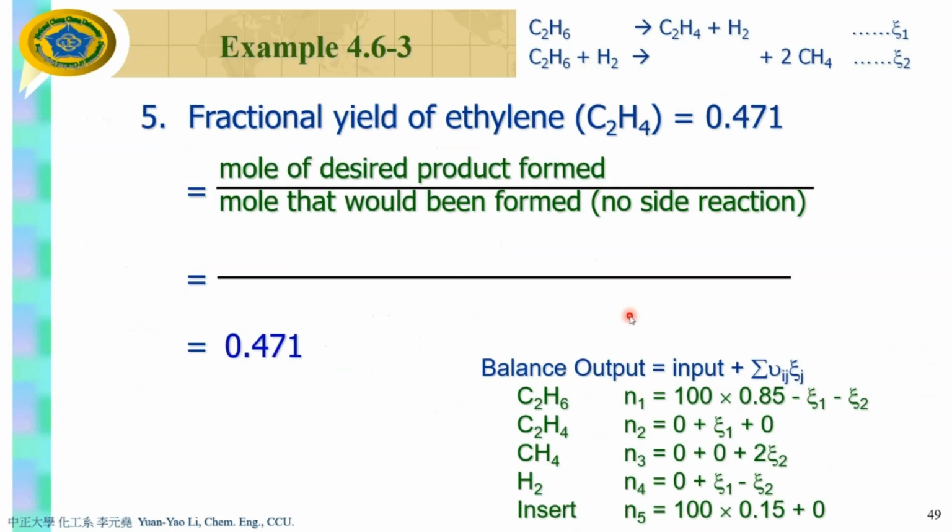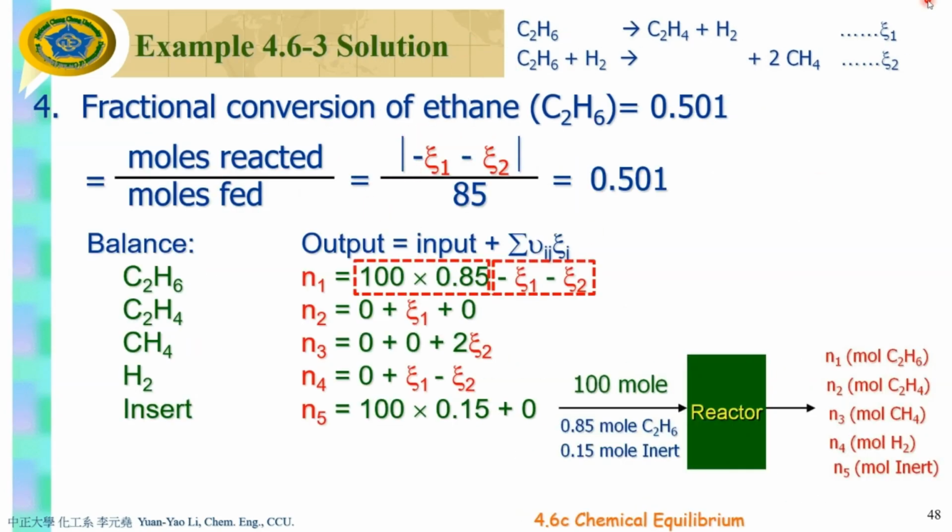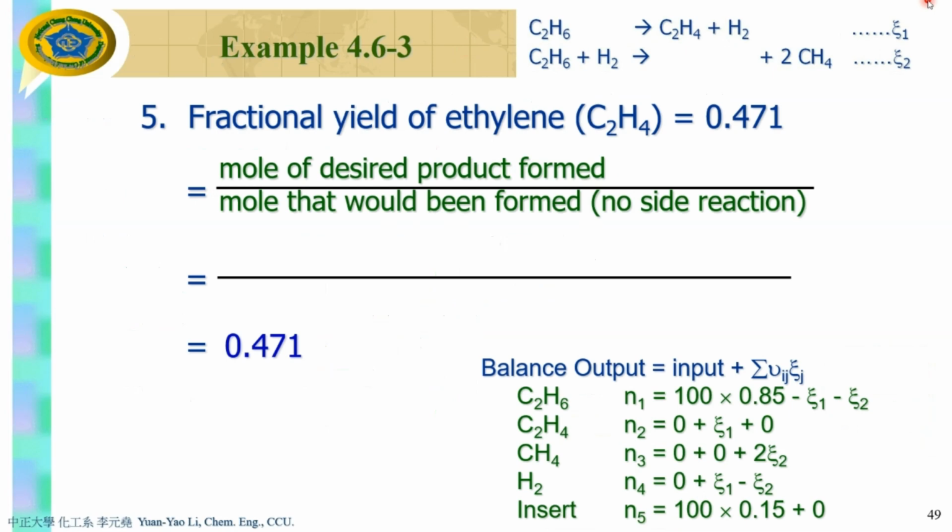Okay, so equation 1, you got this. How about equation 2? It's the fractional yield of the ethylene, which is 0.471. So as long as you know the definition, you just put the unknown into this equation. So the moles of the desired product formed will be what?